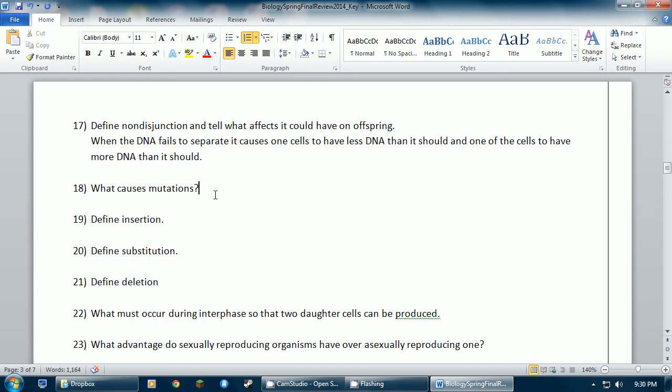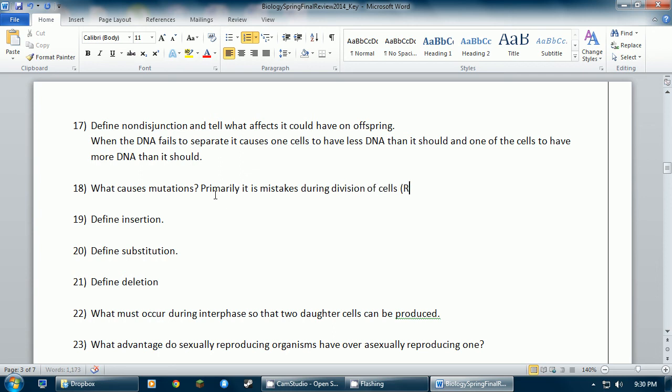So there we go. What causes mutations primarily? It is mistakes during replication. That is the huge main cause. Just mistakes made during division of cells. That could be a couple of things.